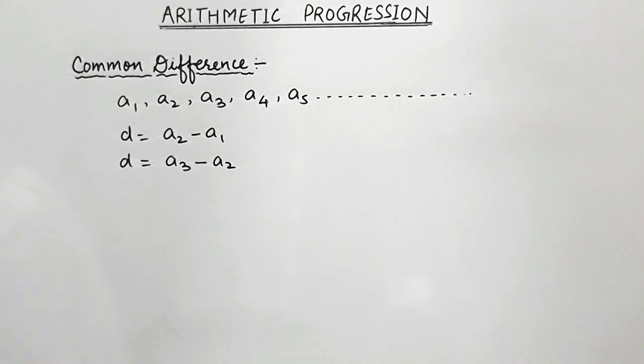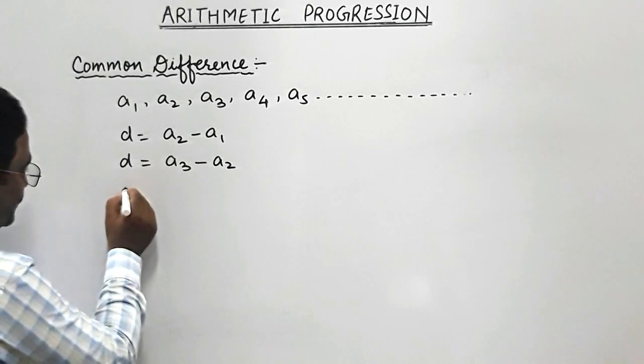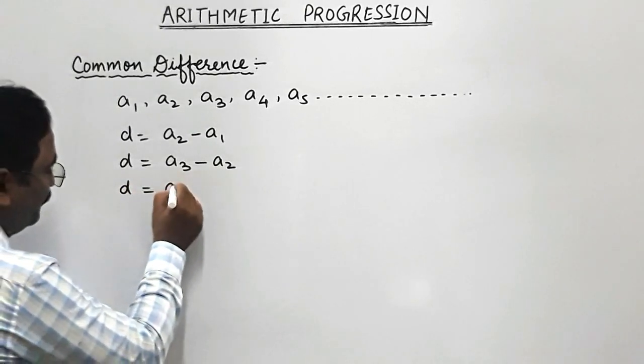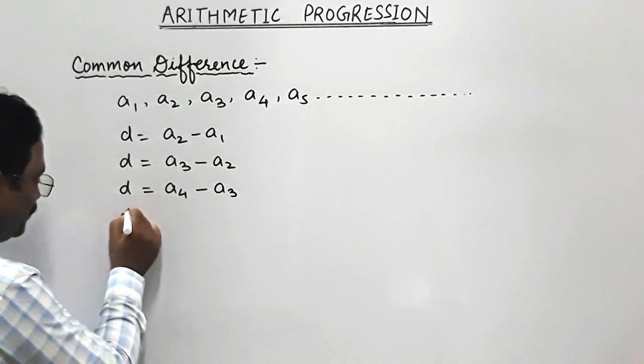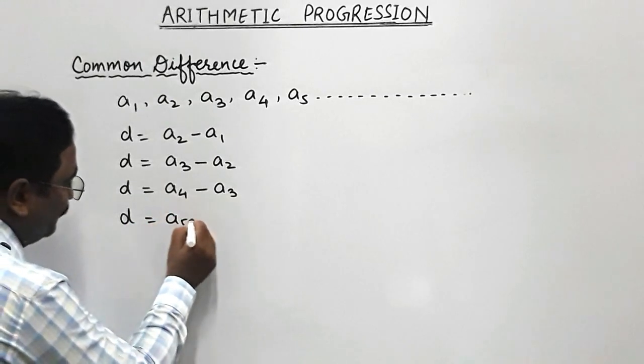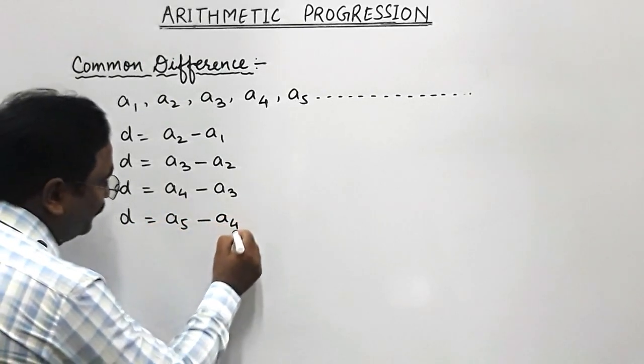And this common difference is equal to a4 minus a3. And this common difference is equal to a5 minus a4.